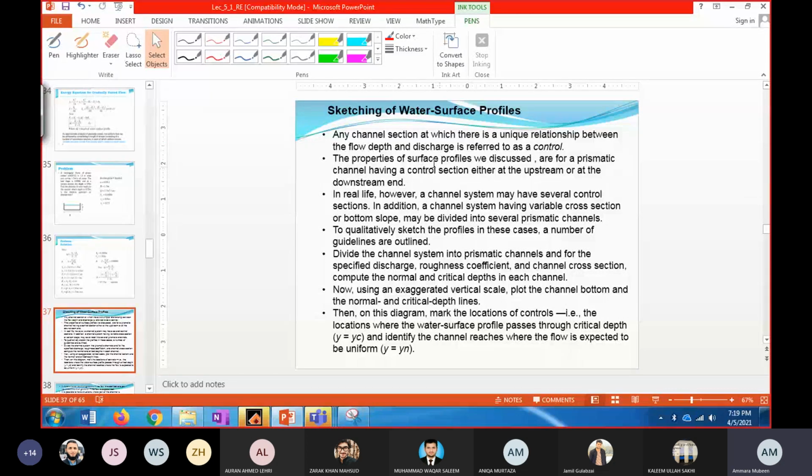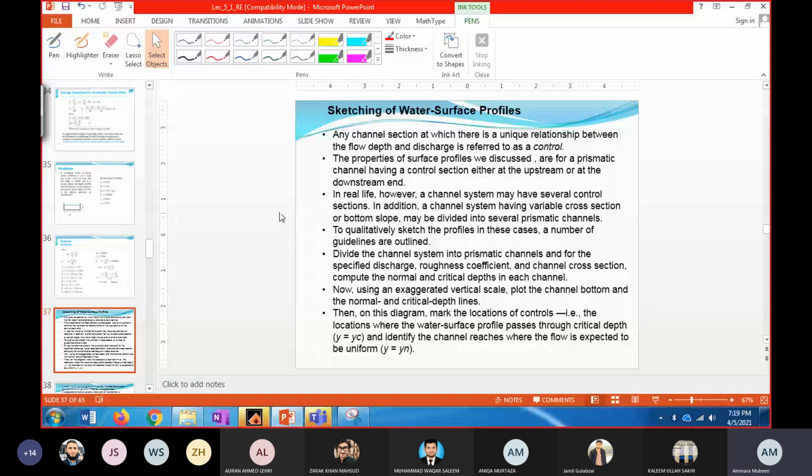The properties of surface profile we discussed are for prismatic channel having control section either at upstream or at downstream end. In real life, however, a channel system may have several control sections. In addition, a channel system having variable cross-section or bottom slope may be divided into several prismatic channels.